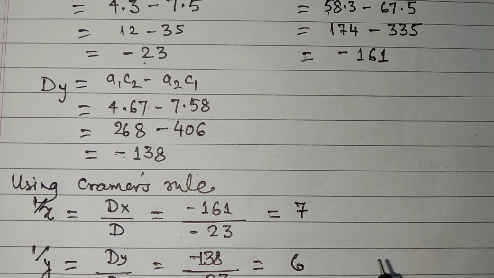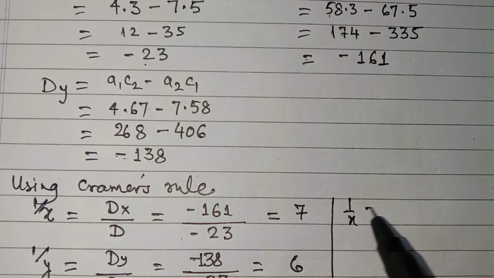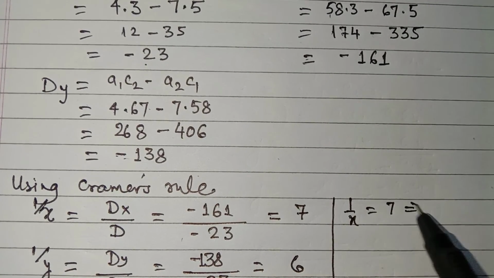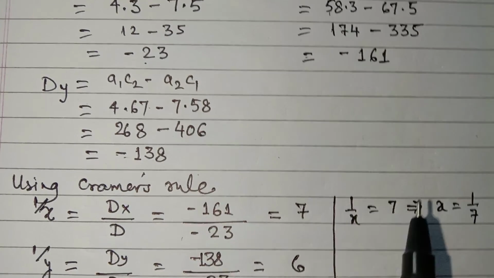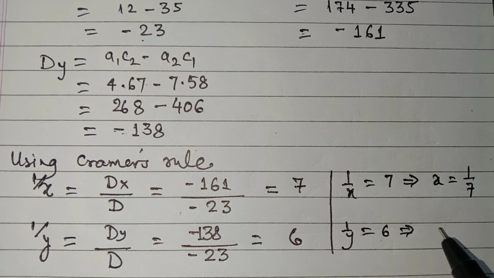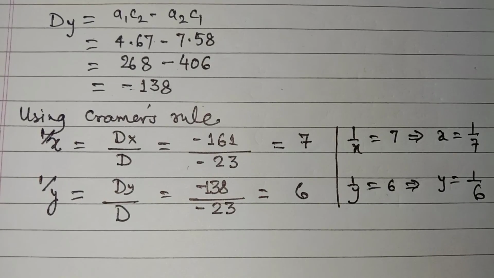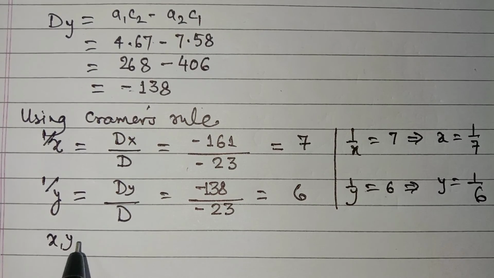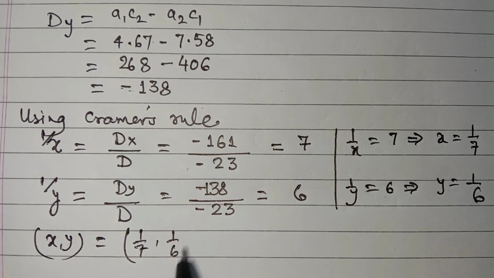So from here we can say if 1 by x is equal to 7, this implies x equal to 1 by 7, and if 1 by y is equal to 6, this implies y equal to 1 by 6. So our solution is x comma y equal to 1 by 7 comma 1 by 6.